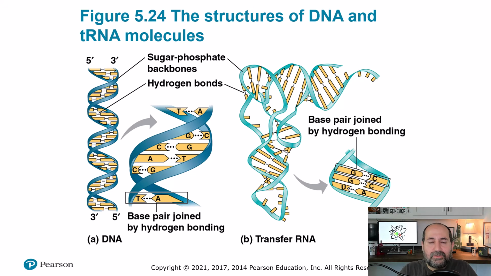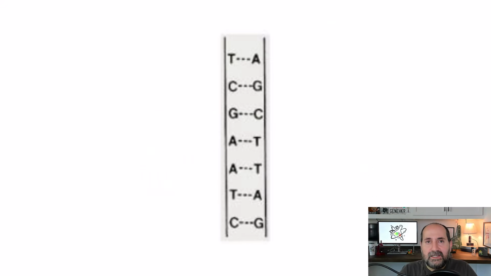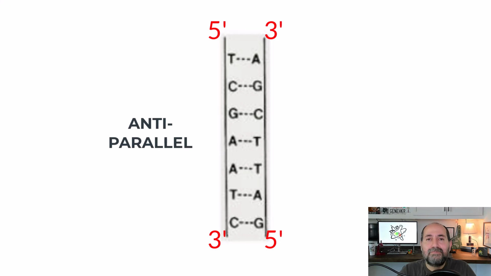So for example, if I have one strand of DNA, and here is its 5' end and here's its 3' end, the complementary strand would always be going the opposite direction, right? With the 3' end here and the 5' end here. So the two strands of DNA are always pointing in opposite directions, and the term for that is anti-parallel.